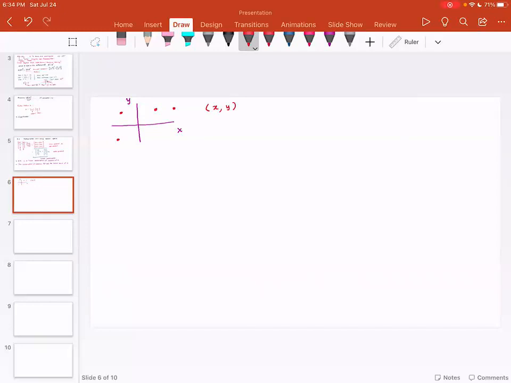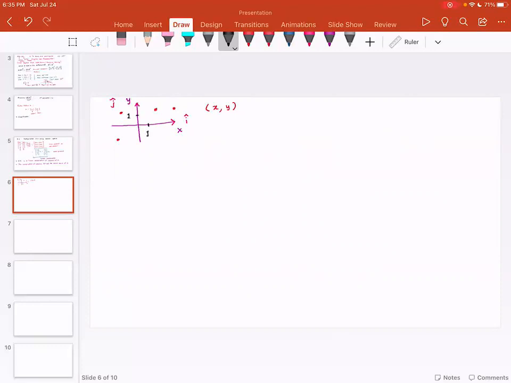Now, I'm going to write this down in terms of vector space. So think about vector has the direction and a magnitude. And I'm going to say i is the unit vector in x direction, j is the unit vector in y direction, which means if you travel by 1 unit in x direction, you will be at 1i.